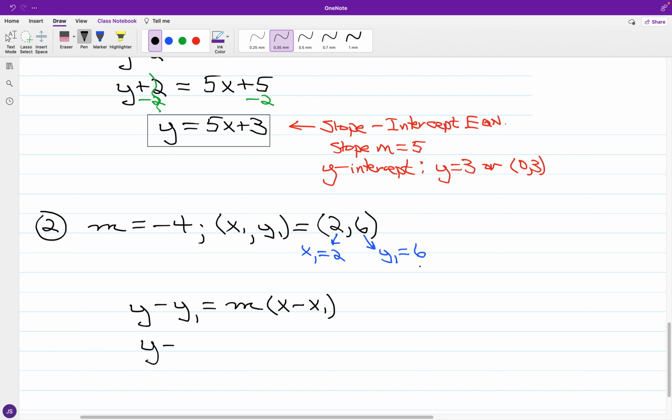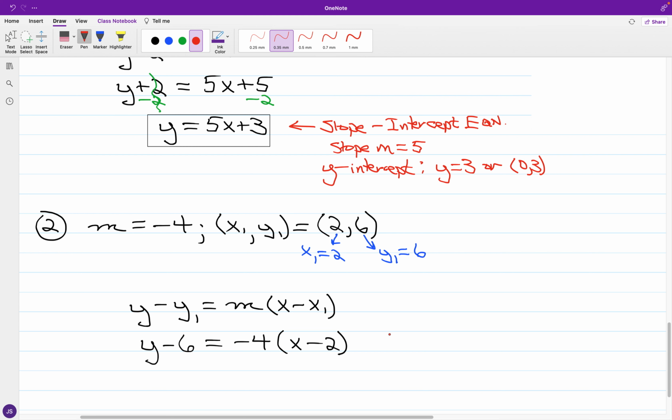So y minus y of 1 is going to be y minus 6. And for the slope m, that is -4. And for x minus x of 1, we have x minus 2. And guess what?